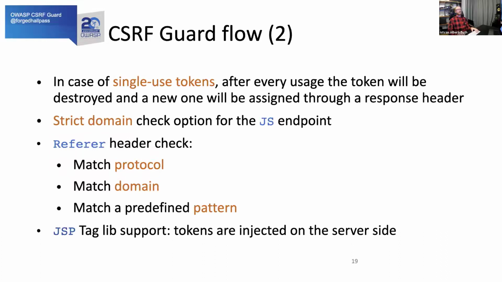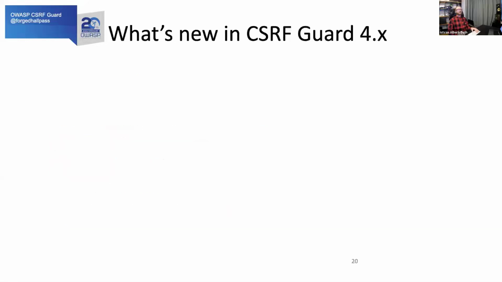Besides that, there's also JSP taglib support, in which case tokens are injected on the server side, and you don't need to use the servlet for the JavaScript anymore. And actually, it would also give you an error of 400 if you are trying to do that.